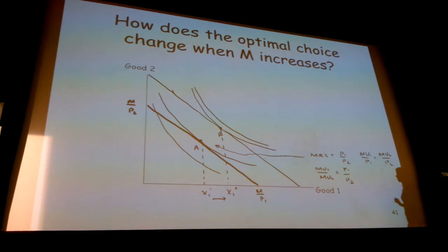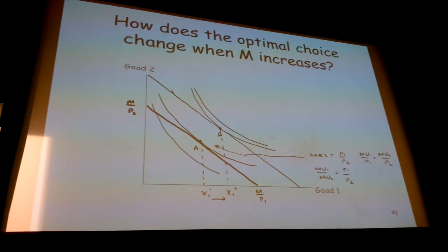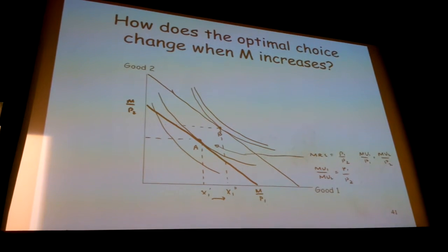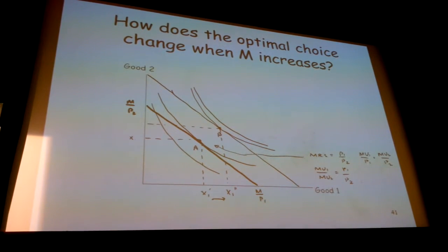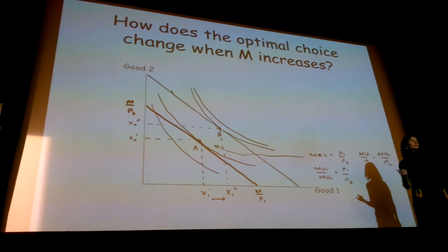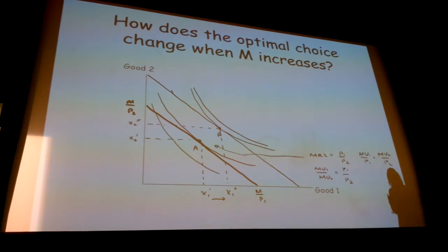Their consumption of good one increased, and similarly, their consumption of good two increased from x2 prime to x2 double prime. So with this in mind, what's the assumption that I made in drawing this picture?